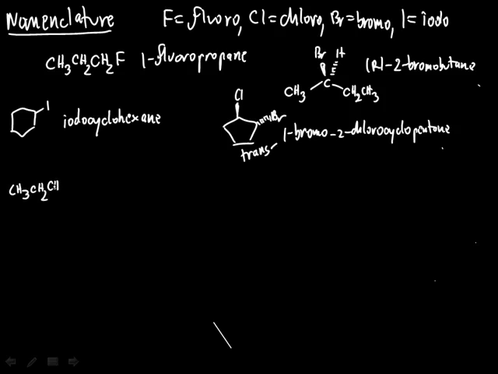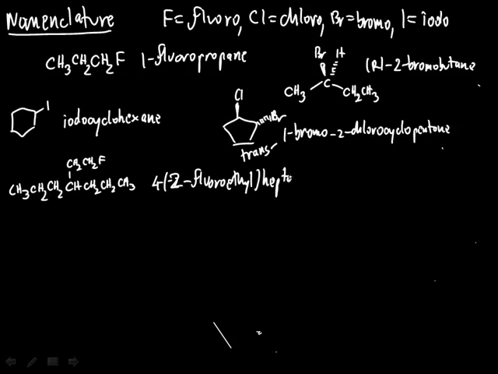So in this case, when we have a heptane with this branch coming off that contains fluorine in it, then this compound could be named as 4-(2-fluoroethyl)heptane, and so forth.